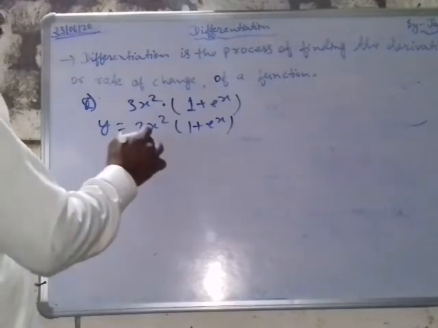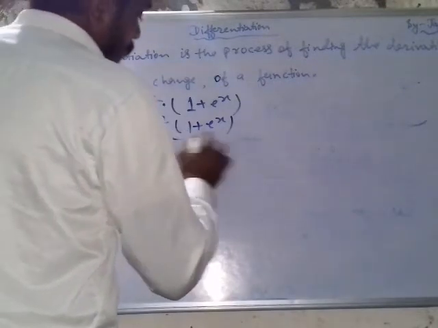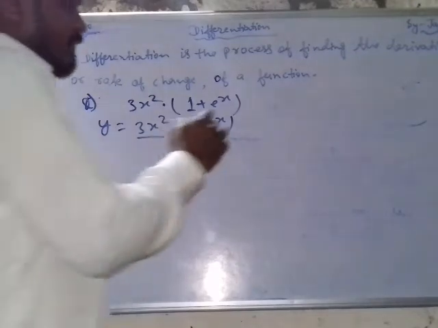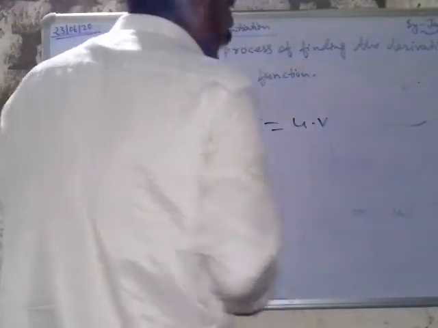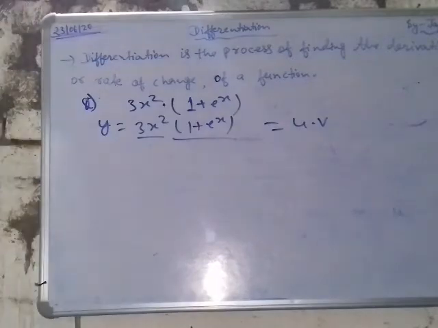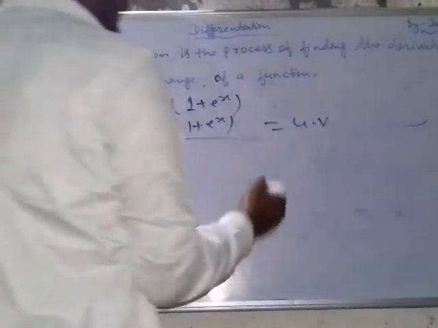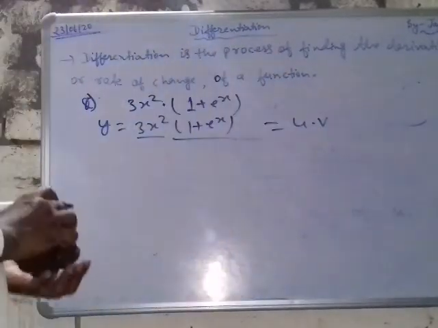This is a function written as u into v. So what is the formula for differentiation of a function in the form u into v?